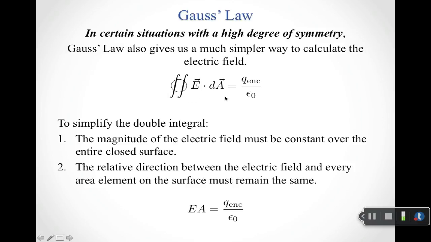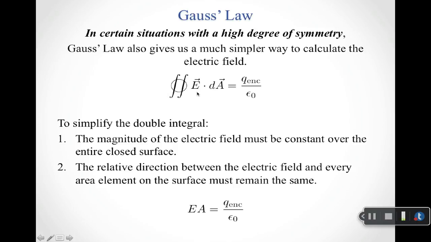So this integral is one way to calculate the electric flux through a closed surface. Gauss's law says count up the amount of charge contained inside your surface divided by epsilon naught. That's the other way to calculate the electric flux through the surface. These two things have got to be equal to each other because they're both just ways to calculate the electric flux.